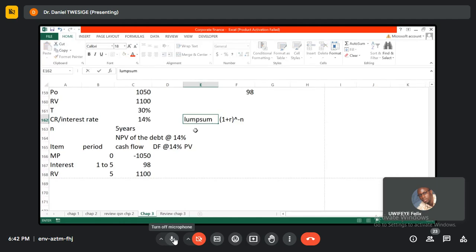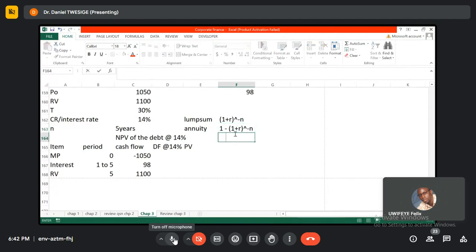The second one is an annuity, where you have a constant cash flow. Being an annuity, it means we are getting 1 minus 1 plus r power minus n, divided by r.